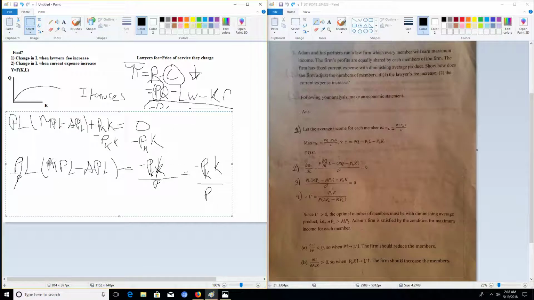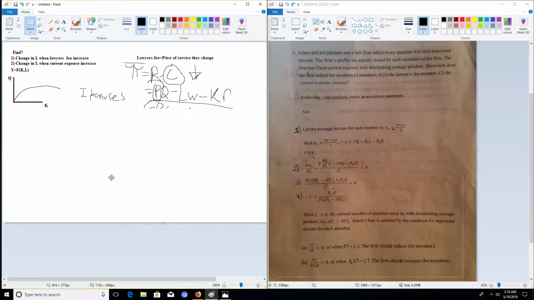If I divide by MPL minus APL, the right side becomes, and the left side, which only has L, is negative P sub K times K over P, not A, MPL minus APL, right?